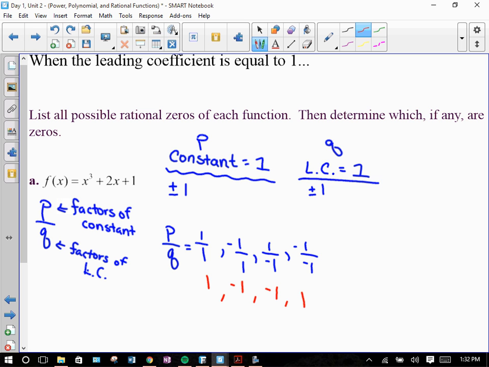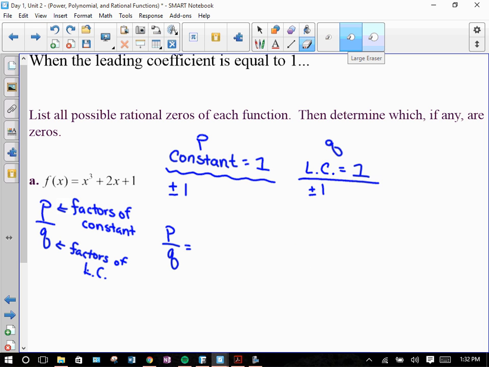So I don't need to write out all 4 of these. What I can actually do is say this is plus or minus 1 divided by plus or minus 1. No matter what, if I divide plus or minus 1 by plus or minus 1, I'm going to get plus or minus 1. We just showed that. So this is kind of a lot of work for nothing.